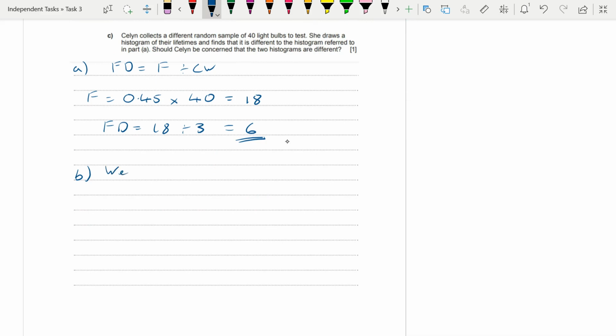We're going to say we don't know how the probability is distributed within the two groups.